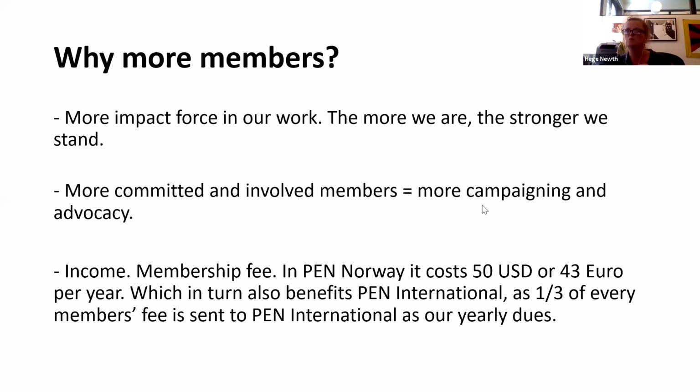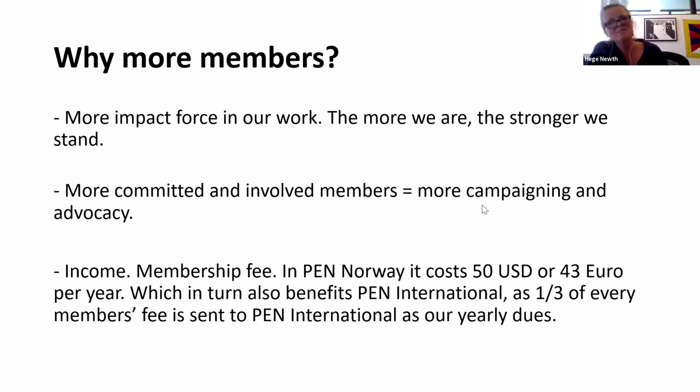We are reckoned with. It makes us stronger. That's why it's really important to have more members. And we also have more committed and involved members, because when you have committed and involved members, there are more people to campaign and do the advocacy for what you do, which is very important.